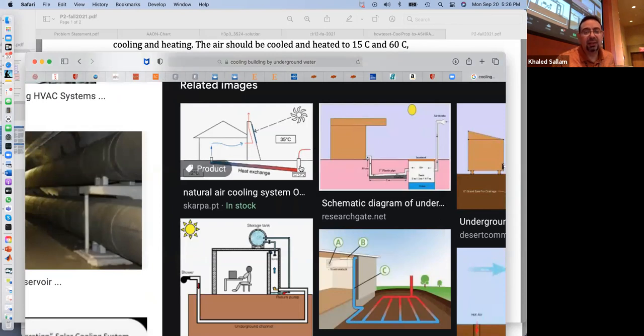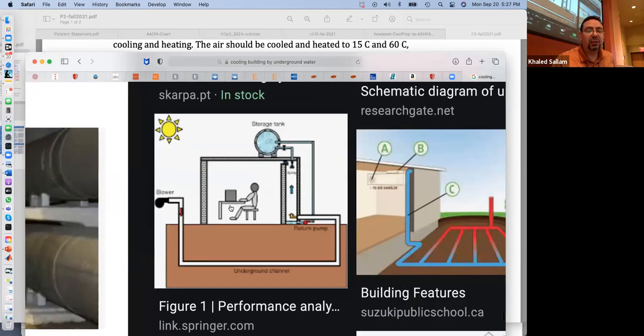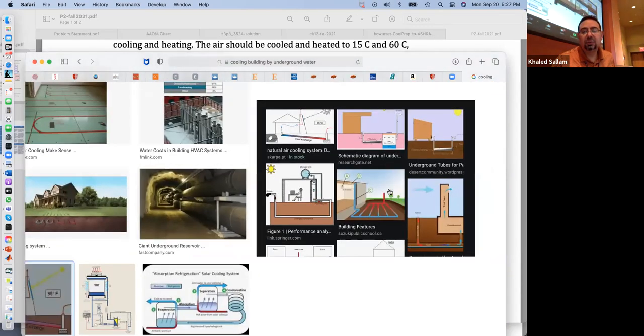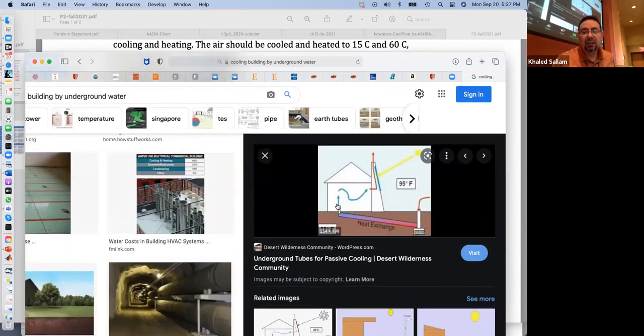So something like this, there will come the air, and then by the time it leaves over here, it's actually colder. Yes, a little bit humid, but still colder. And it did it just by evaporating a little bit of underground water.